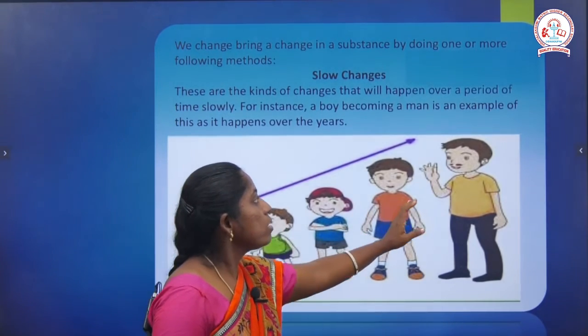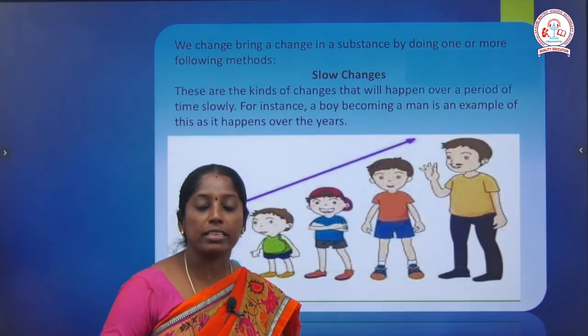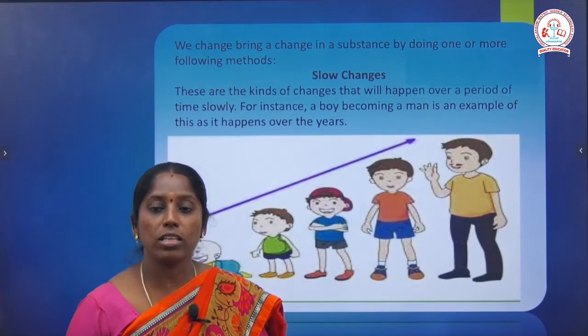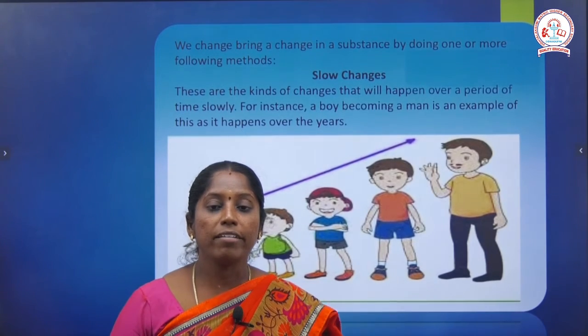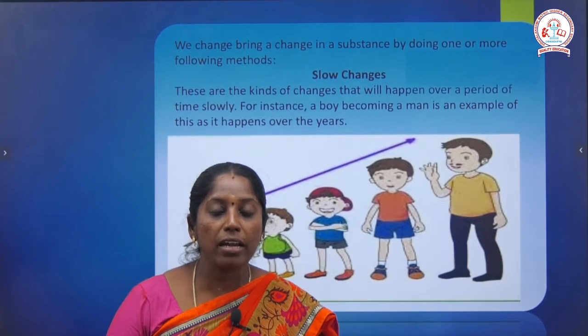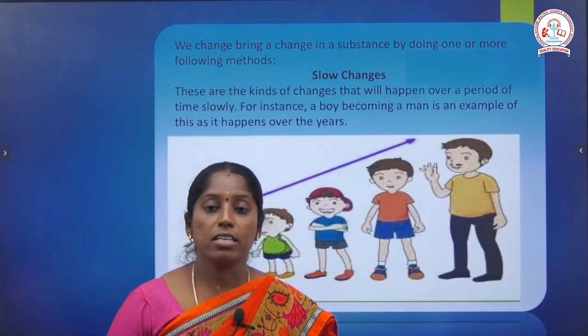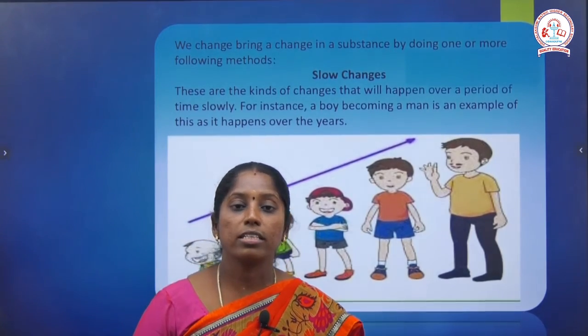These changes occur slowly, over a period of time. The same is true for a tree. If we put a seed, it will not grow into a tree the next day. It will grow as a small plant, then a big plant, and only finally will it become a tree. That is also a slow change.